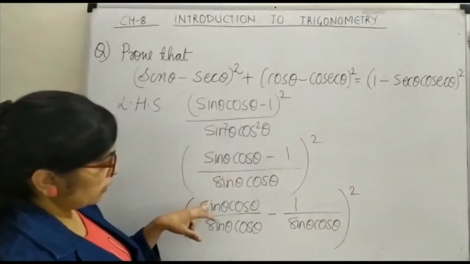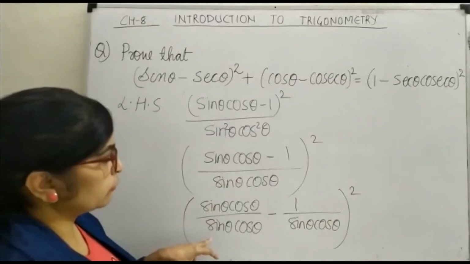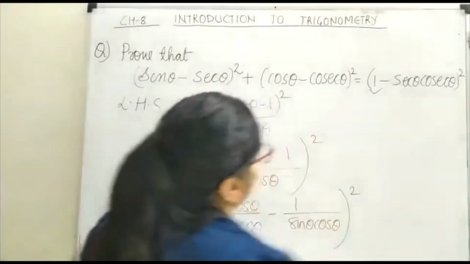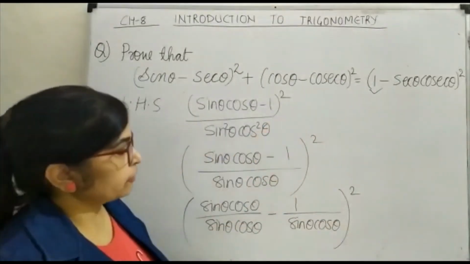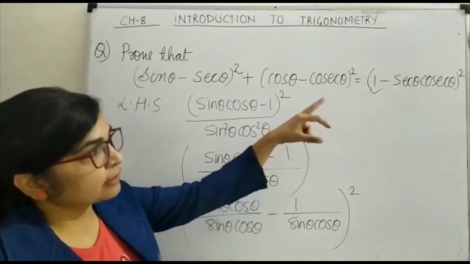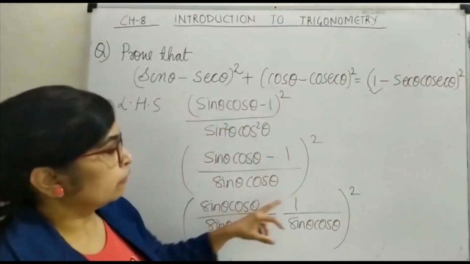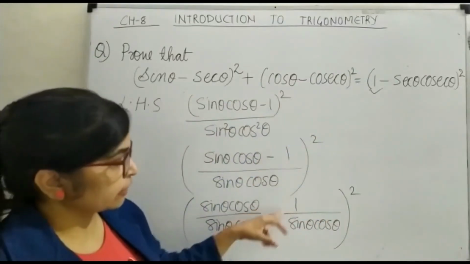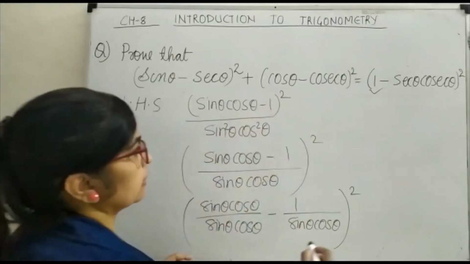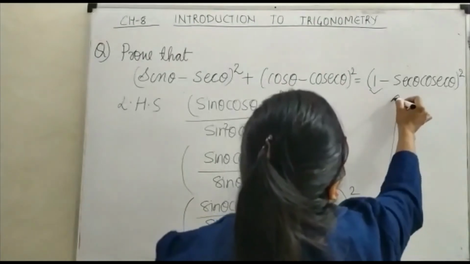Now when simplified, this will give you 1, minus 1 upon sin theta cos theta. 1 upon cos theta is sec theta and 1 upon sin theta is cosec theta. So directly you get this result.